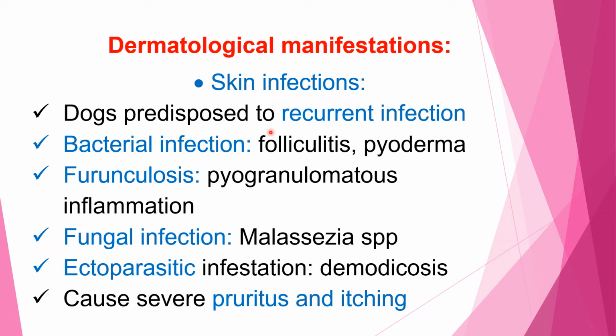The dog is predisposed to recurrent infection, bacterial, fungal, parasitic and other infection. The common bacterial infection is folliculitis and bacterial pyoderma. Furunculosis is also observed with bacterial or fungal infection.